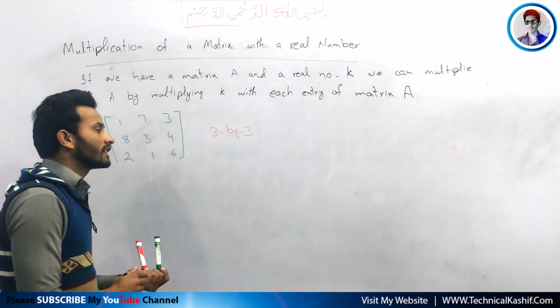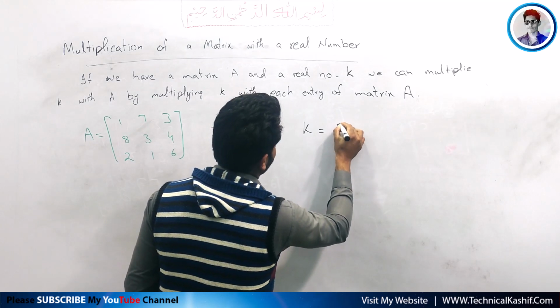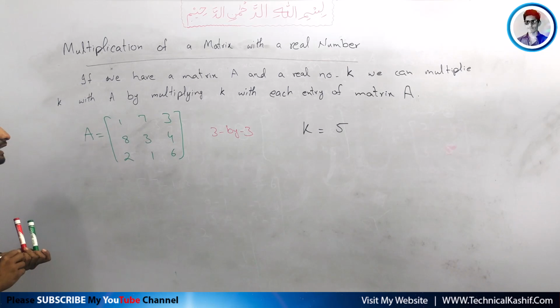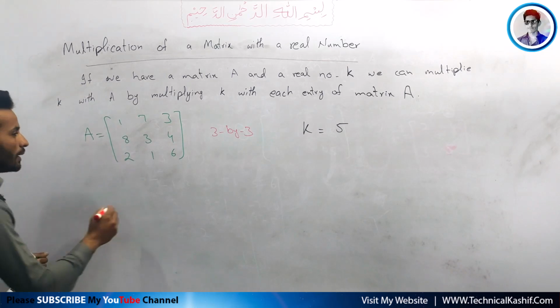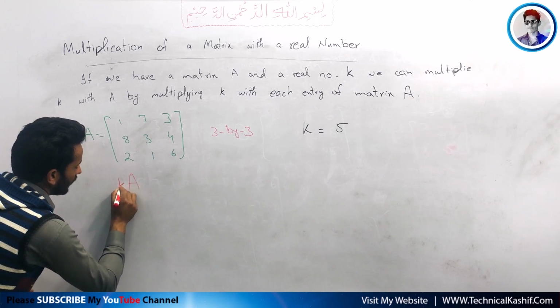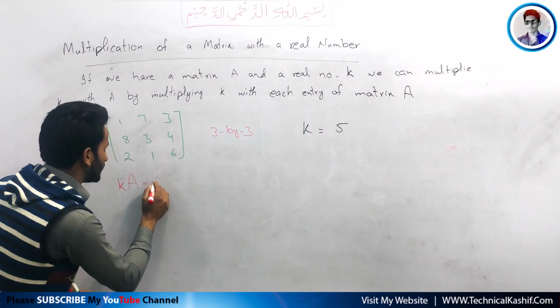We have another scalar number k equal to 5. How can we multiply k with matrix A? By multiplying both of them. It is called kA. k is a scalar real number and A is a matrix.